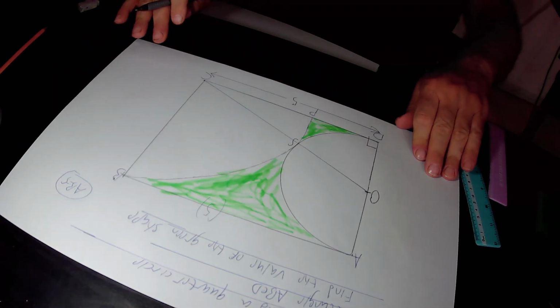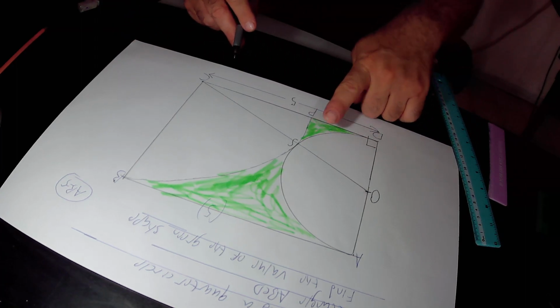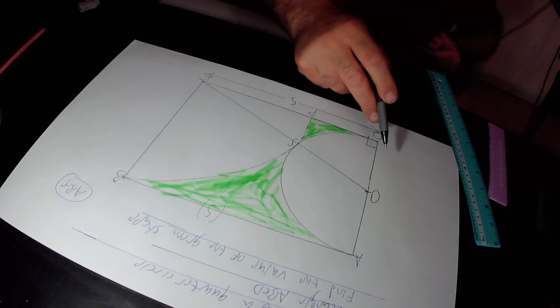So you can see here that the straight line OC passes through point S, that is their touching point. Or OSC is one straight line.